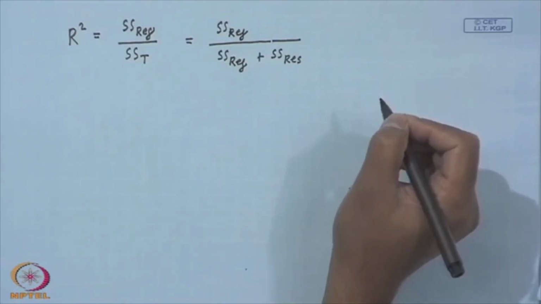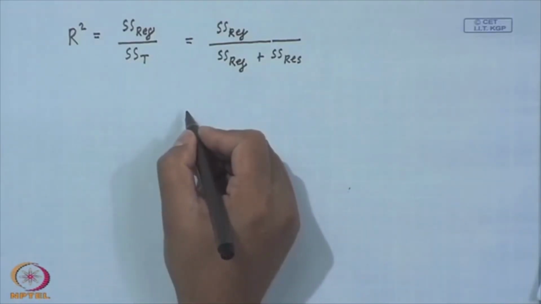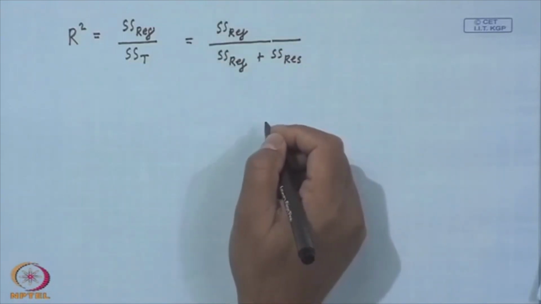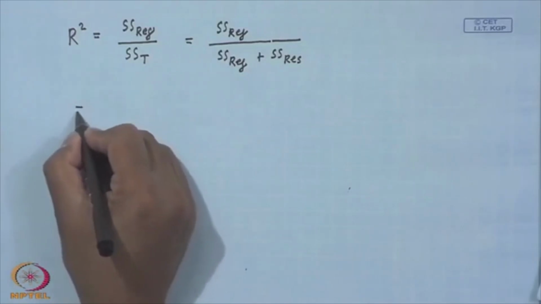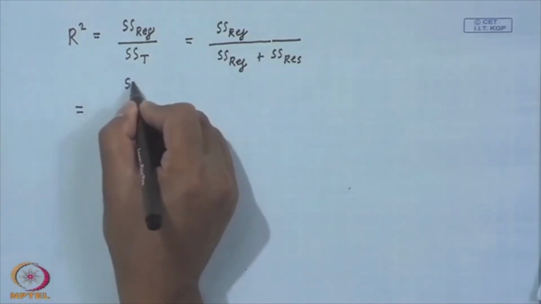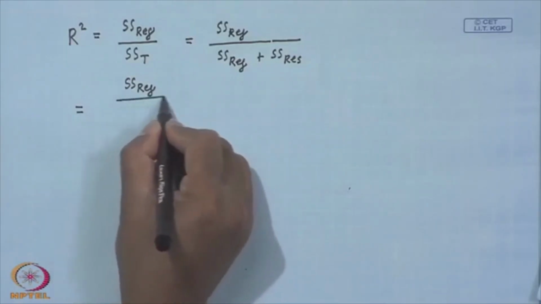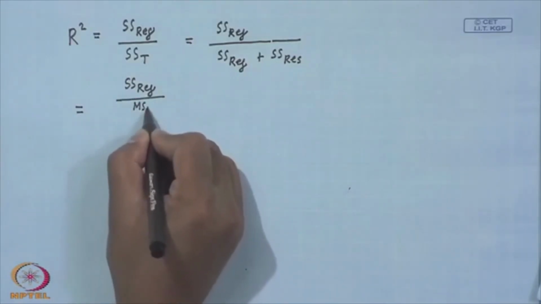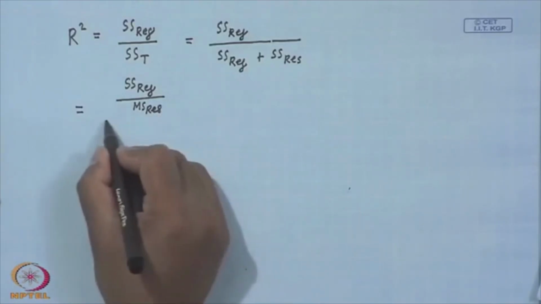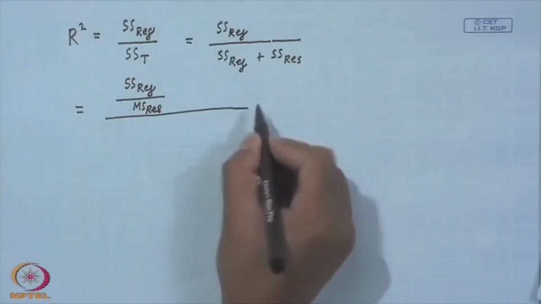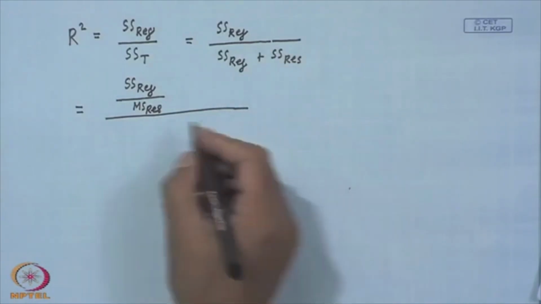And I want to express this in terms of F. So, I will divide both the numerator and denominator by MS residual.